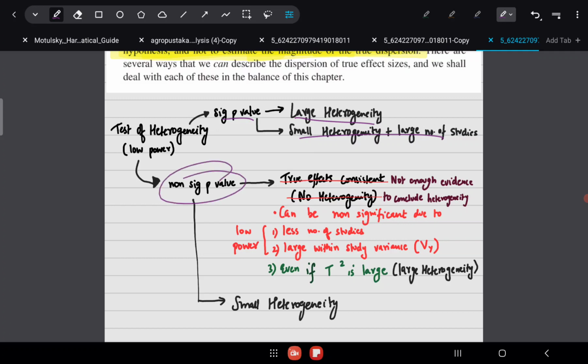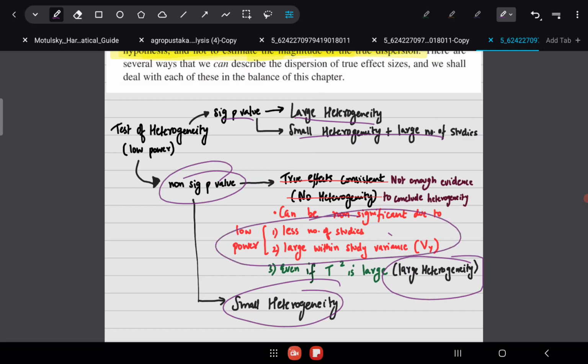Similarly, if it is a non-significant p-value, it can mean either there is truly small heterogeneity, or that the heterogeneity was large but the within-study sample size or the number of studies was too small, because of which the p-value could not come out significant.